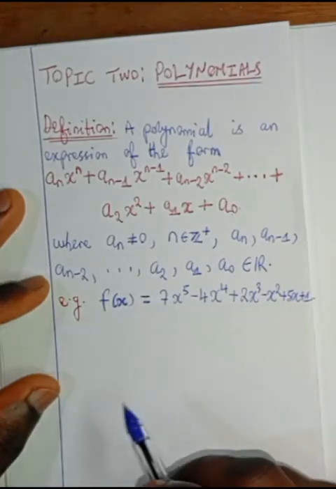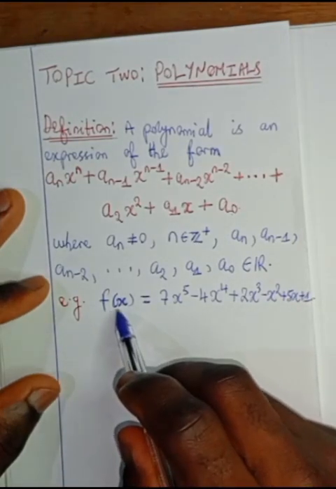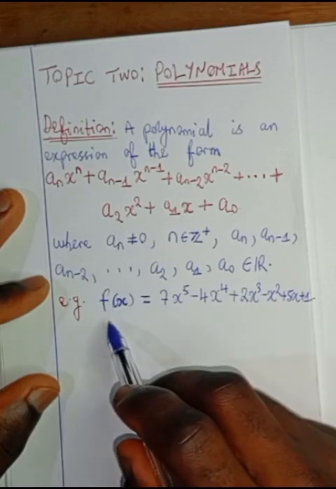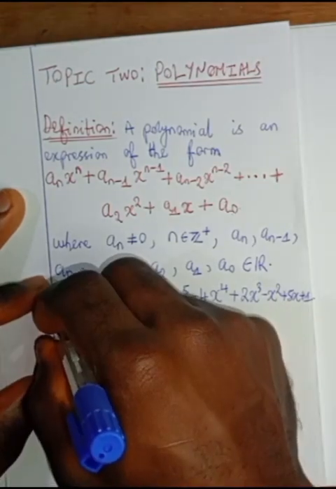This is a polynomial function. That's why we make use of f of x. We can make use of g of x. We can make use of h of x. Now let's take this down.